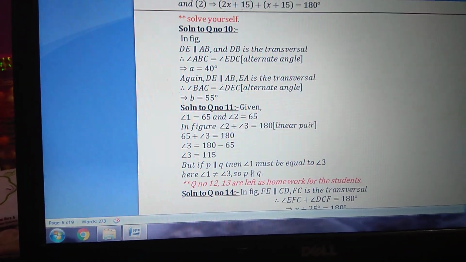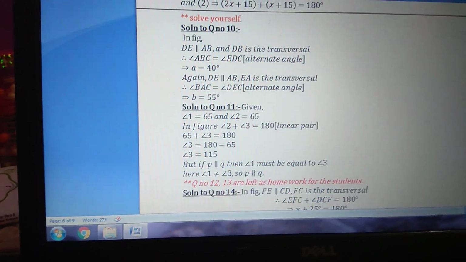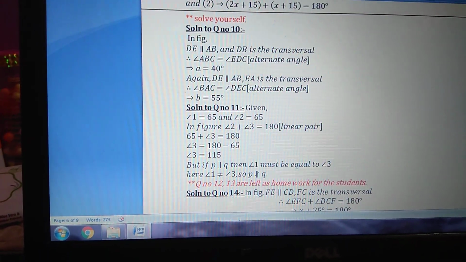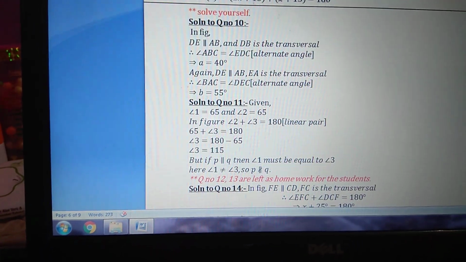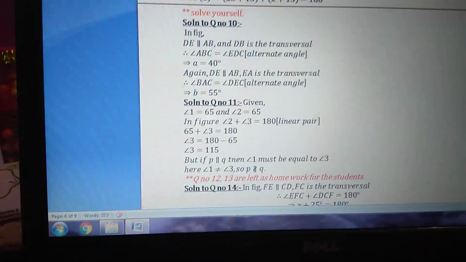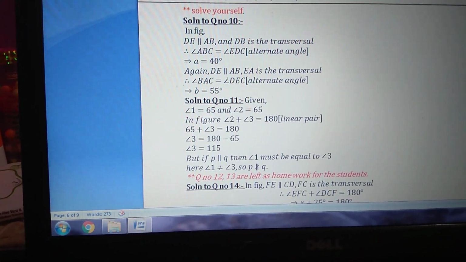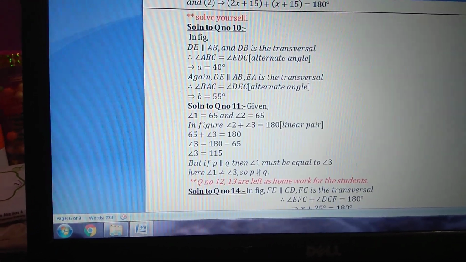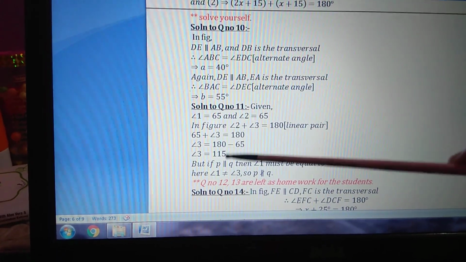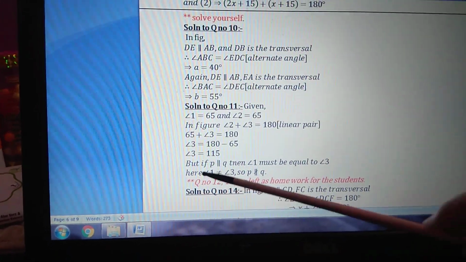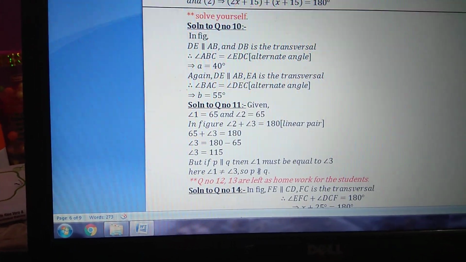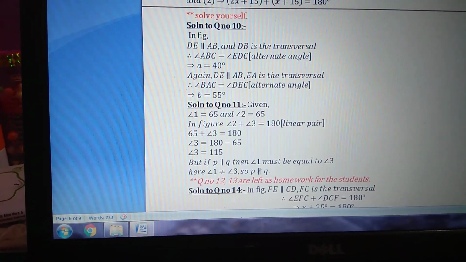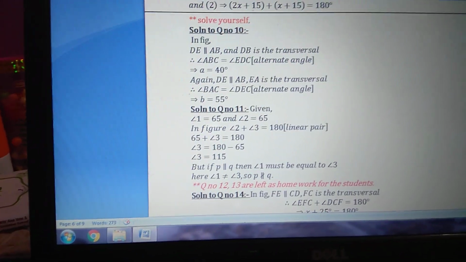If you look at the figure, you will see that angle 1 and angle 3 are alternate angles. So, if P is parallel to Q, then angle 1 and angle 3 must be equal. But here we are getting different values of 1 and 3. Here 1 is not equal to 3. So, we can say P is not parallel to Q.